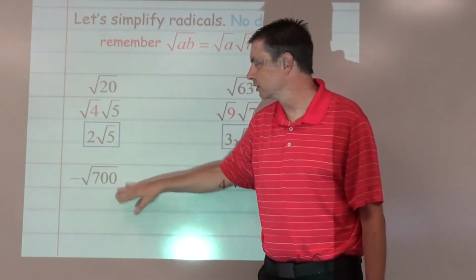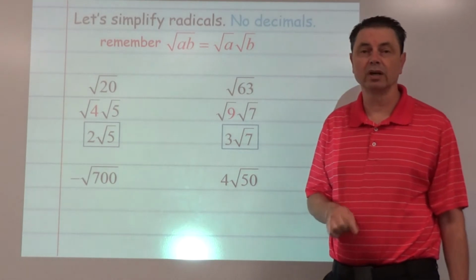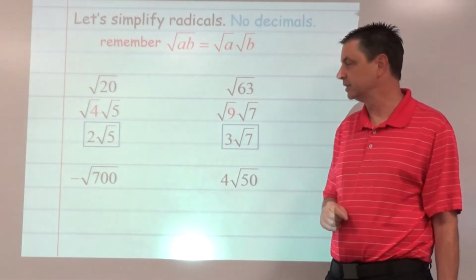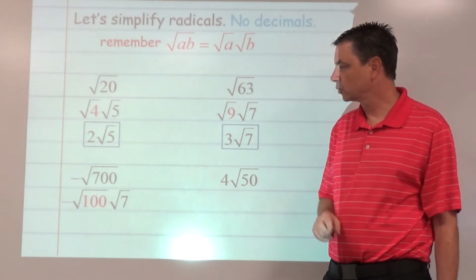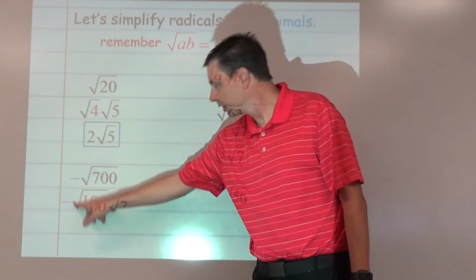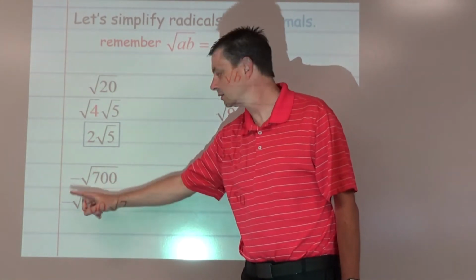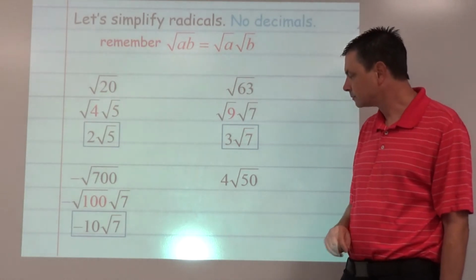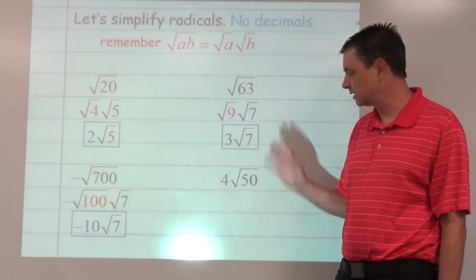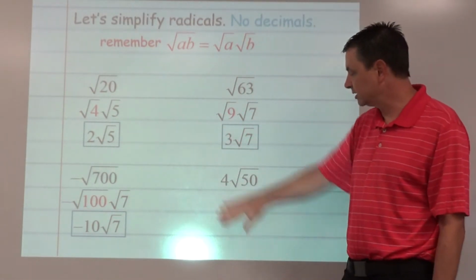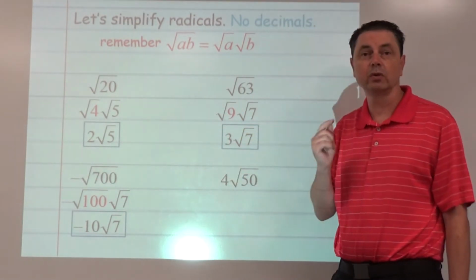Break up the square root of 700. What perfect square goes into 700? 100 does. Negative, square root 100, square root 7. This is just 10. So negative 10 times the square root of 7. This one's got a number on the outside. No big deal. Just like this one had a negative on the outside. No big deal. Focus on the inside. Focus on the 50.